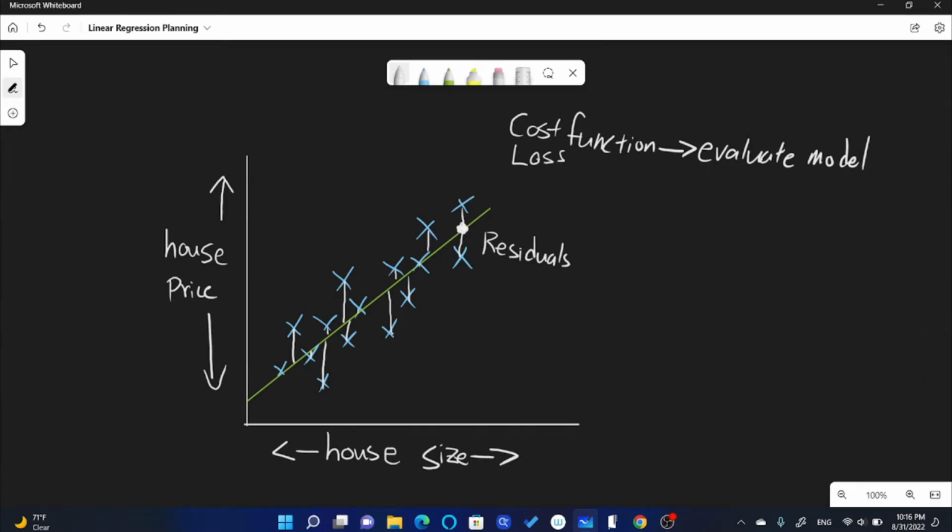Well, in this case, we use a cost function called... actually, let me do that in a different color. I feel like that's better. We use a cost function called mean squared error, right? And it's pretty self-explanatory.